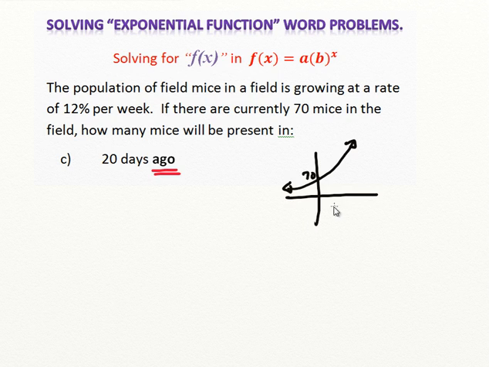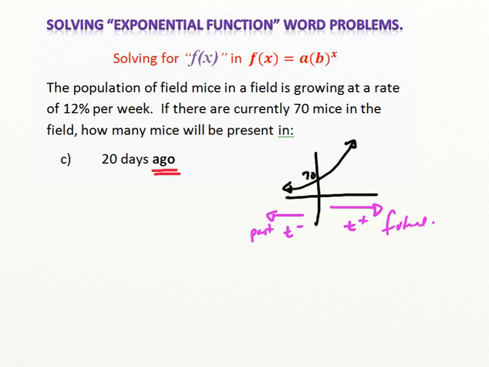So all I want you to think of is that as time increases, so positive time, then that is in the future. If we want to go back into the past, well, all we do is we take negative time. So we aren't changing anything about the initial population, or the shape of the curve. All we're asking is how many mice were present at some point before.